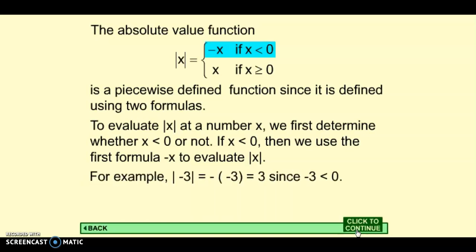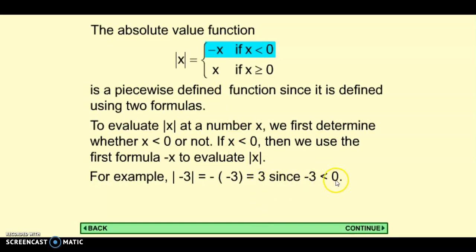For example, let us take our input as minus 3. As minus 3 is less than 0, we will be choosing this functional value. Minus sign is of the formula, and then minus 3 is our input, which we have taken as x. So as a result, your output is positive 3.